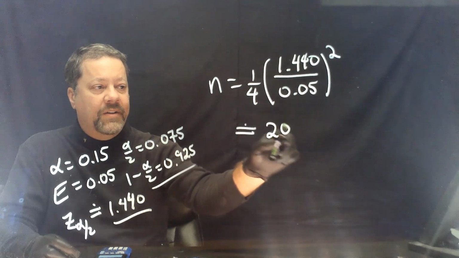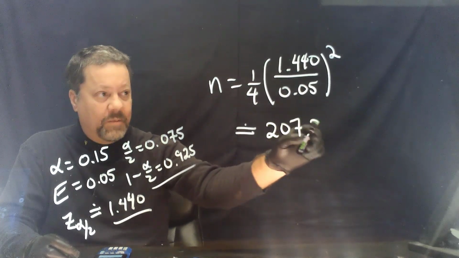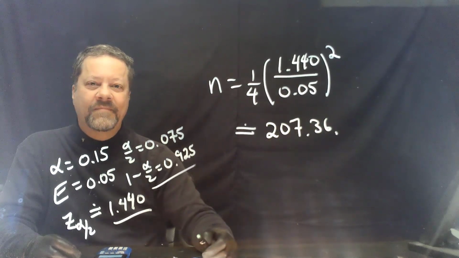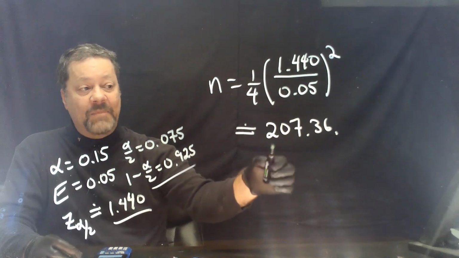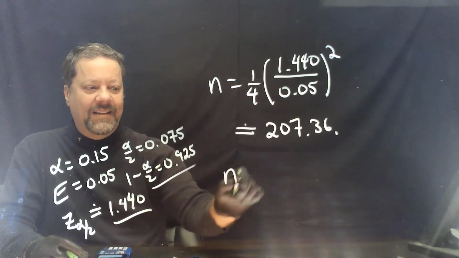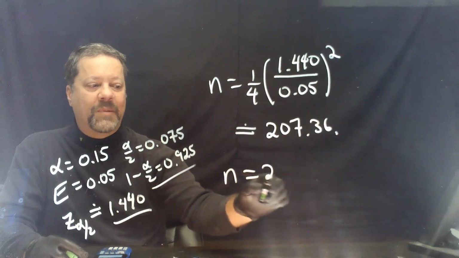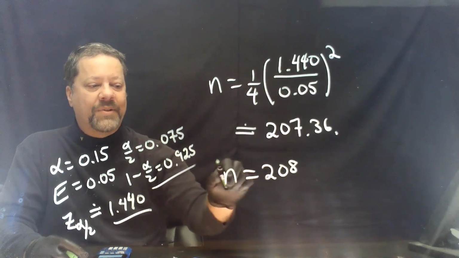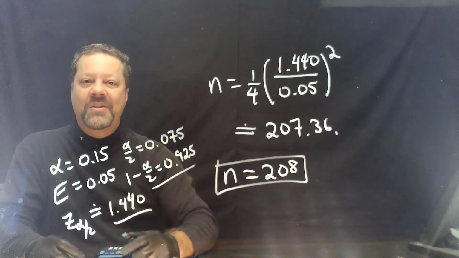I'm getting 207.36. Your sample can't be 207.36 people, and you must round up. So your sample size will have to be 208.